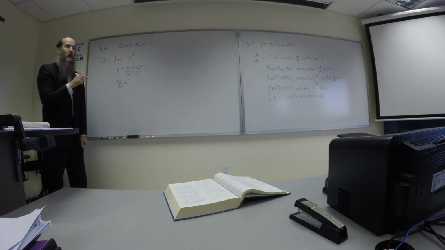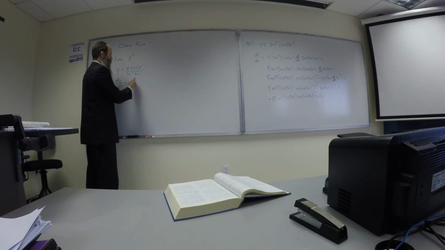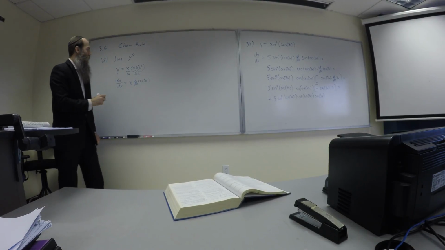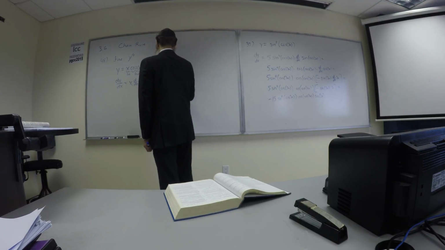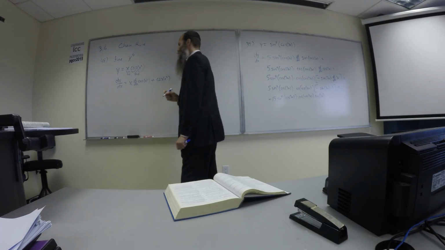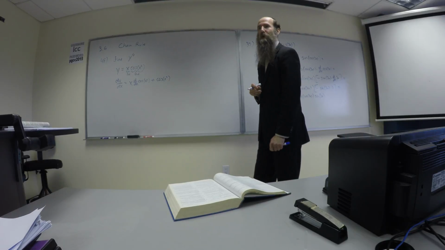It's all happening together. So dy/dx is going to be first times the derivative of the second, d/dx of cos of x squared, plus second, the cos of x squared, times the derivative of the first. Well, you know the derivative of the first automatically. The derivative of x is 1. So there it is. You can write the 1 there if you want, but it doesn't really do much.